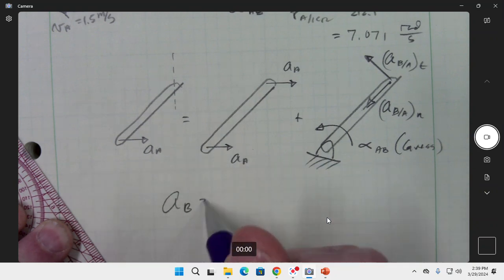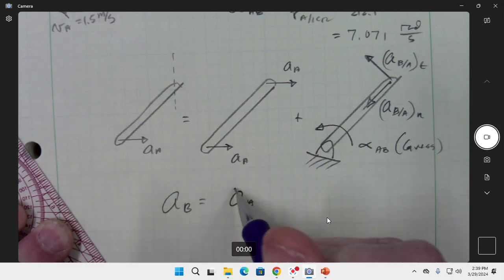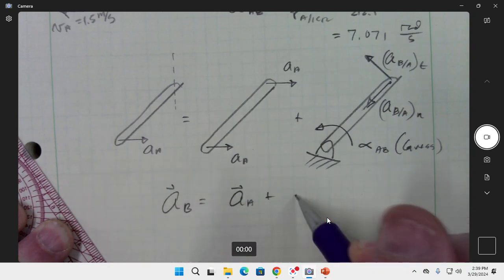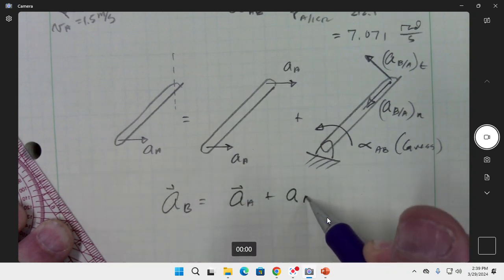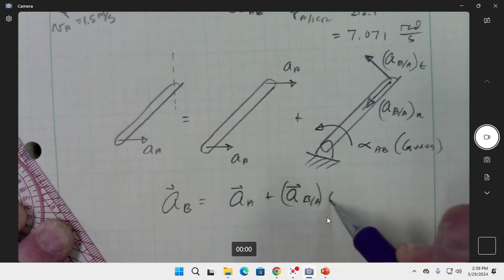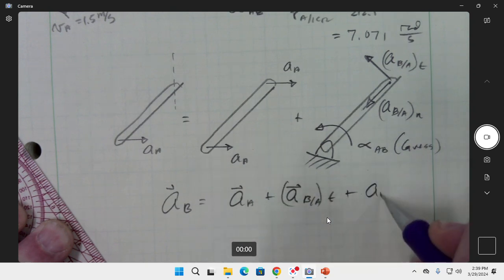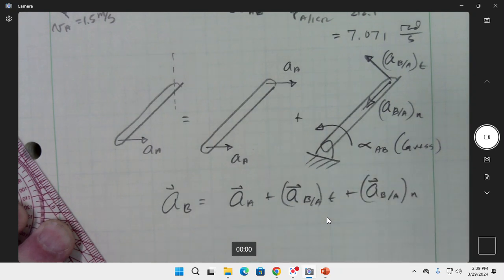Acceleration of B equal to acceleration of A plus the acceleration of B with respect to A, tangential, plus acceleration of B with respect to A, normal.